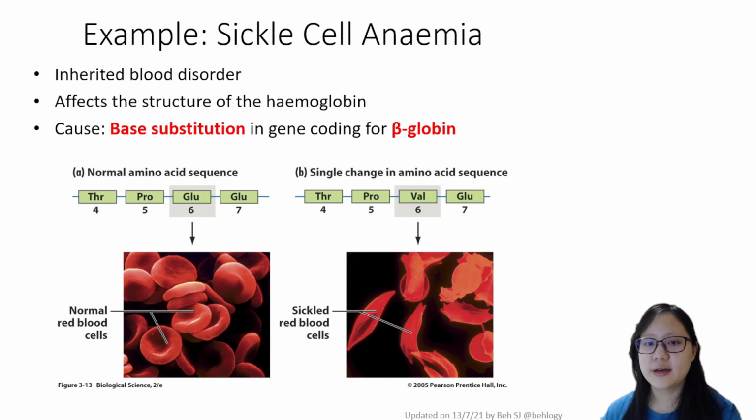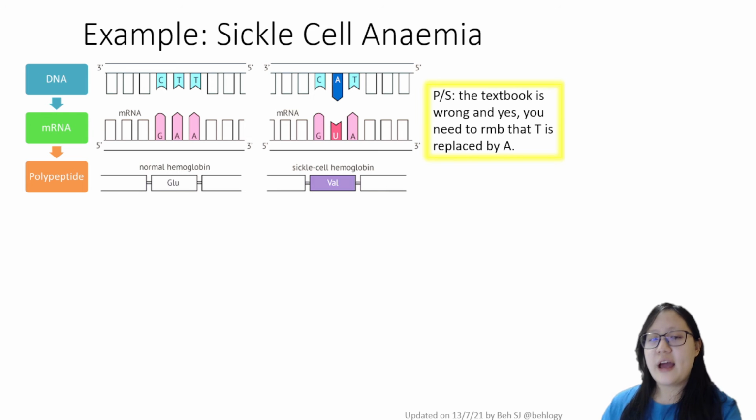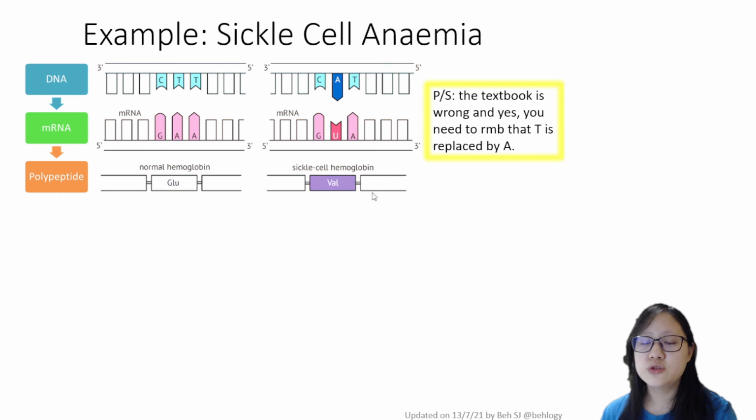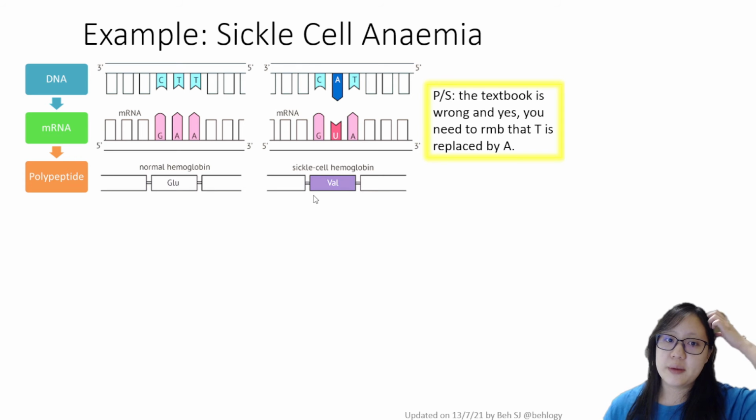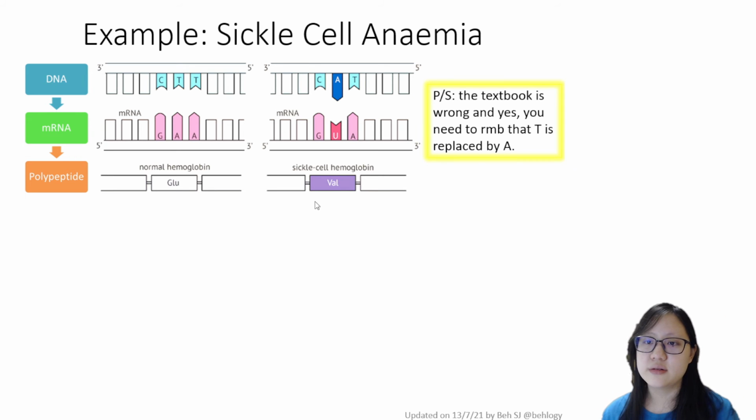Now, what happened here? For every mutation question, you should follow this kind of structure in describing. You need to go through all the different levels here. Level 1 is DNA. What happens at the DNA level? If the DNA changes, this is considered a mutation, right? So here, CTT is changed into CAT.